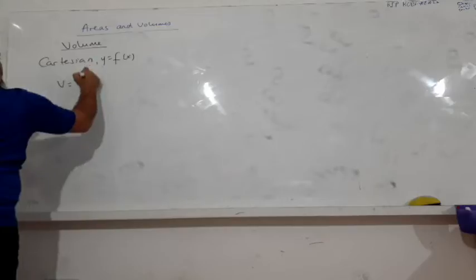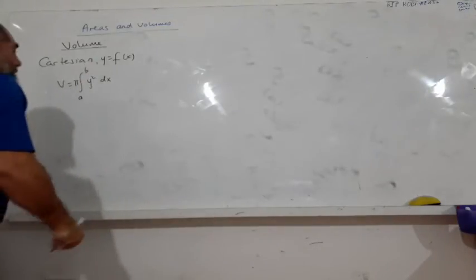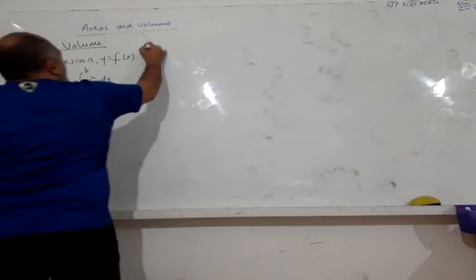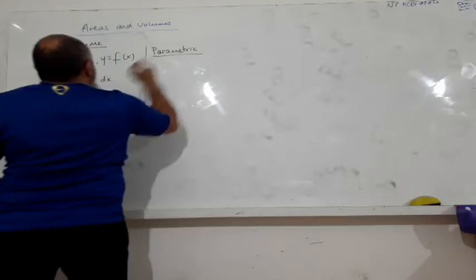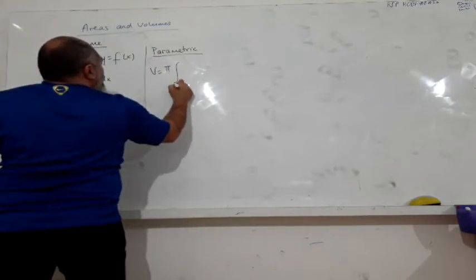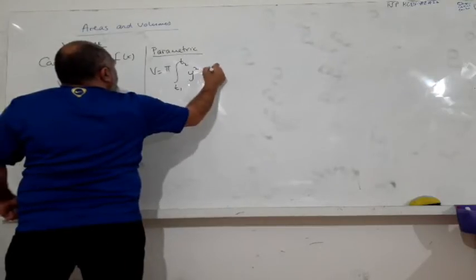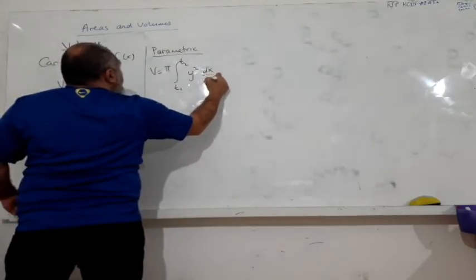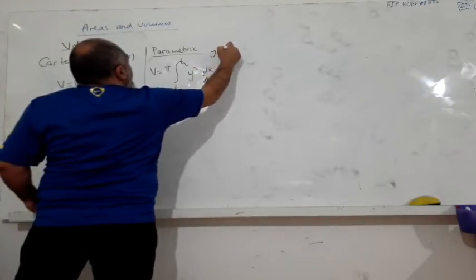For parametric equations, volume is pi times the integral from t1 to t2 of y squared dx over dt, dt. Remember, y is in terms of t, and x is also in terms of t for parametric equations.